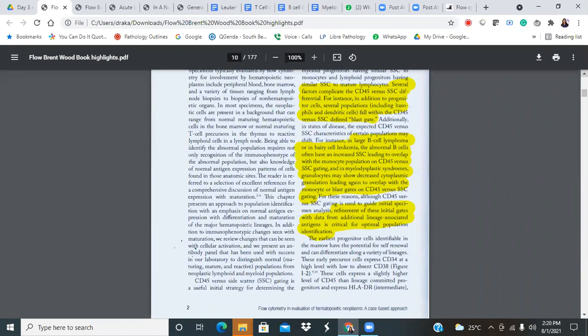So it tends to have a larger size, and also a little bit heterogeneous complexity in the nucleus, which is why the side scatter would be high. And the same with hairy cell leukemias. That is more due to the irregular cytoplasm that scatters the light irregularly, because the projections will interfere with the side scatter, which is why they fall in the monocyte gate. Okay, got it. Thank you.